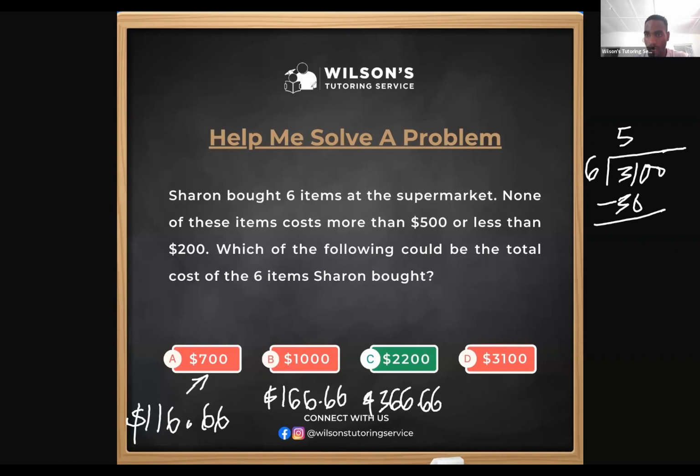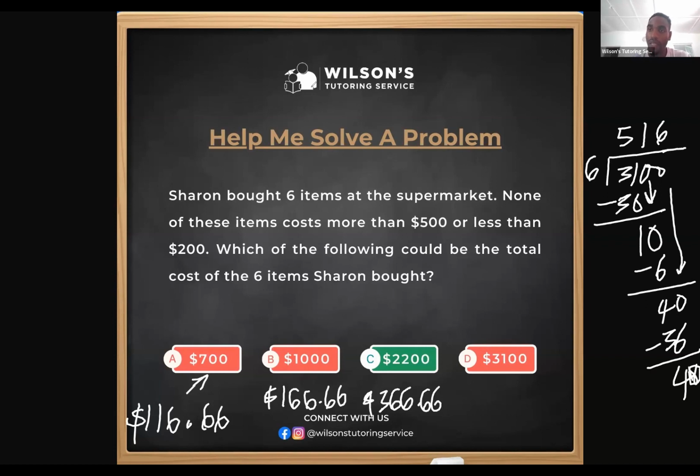I'm gonna have 1 left. Bring that down. 6 into 10 goes 1 time. 6 ones are 6. And then I'm gonna have 4 left. And bring that 0 down. 6 into 40 goes 6 times. I'm gonna get 36. And if I continue the process of making this a decimal, I'm gonna have to keep annexing zeros, and then I'll be getting 6s going right through.